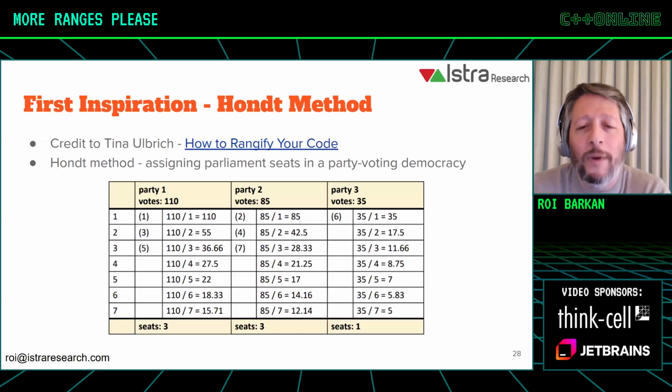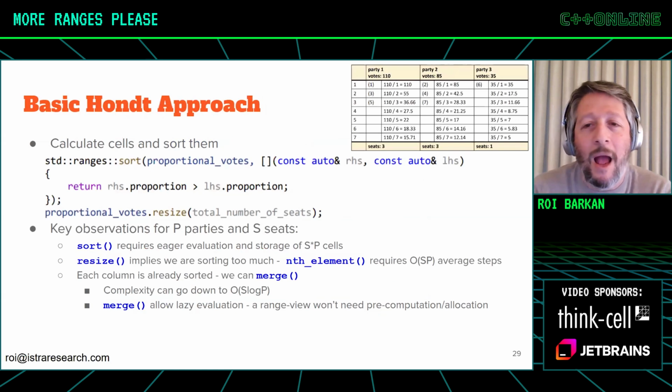And Tina Ulbricht in her talk basically showed how this algorithm can be implemented with and without the ranges algorithms. And she showed how using ranges can make things much, much simpler than before, but still it wasn't as elegant as I hoped it would be. So let's see how she tackled it. This algorithm can be tackled using C++20 ranges. And the heart of it was this call to std::ranges::sort.